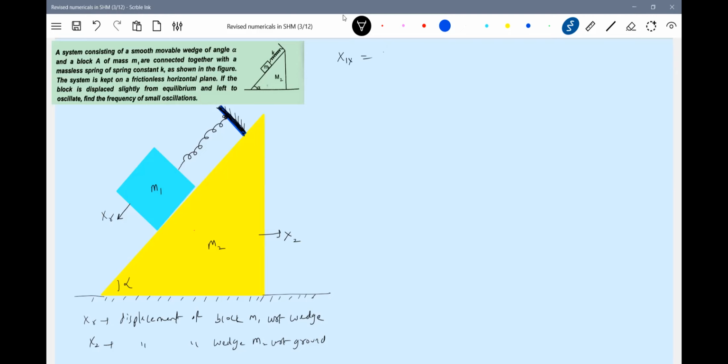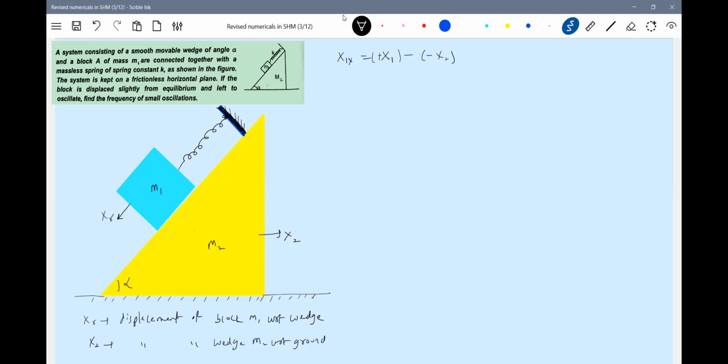That should be equal to displacement of block with respect to ground. Only x1, it is understood. It will be towards left, negative. If I take this as positive, you have to take it negative, minus x2. So what is this x1x? Displacement of block with respect to ground along x-axis.